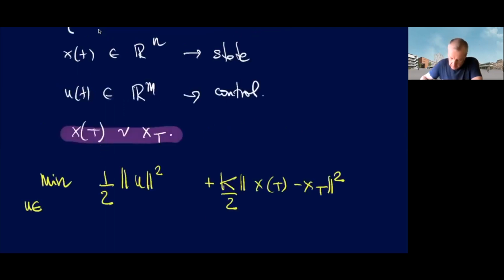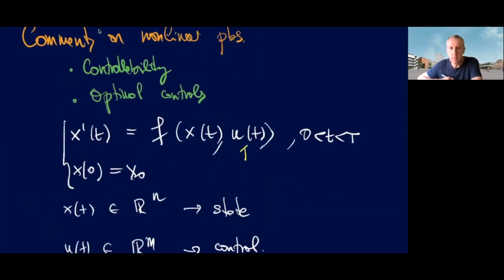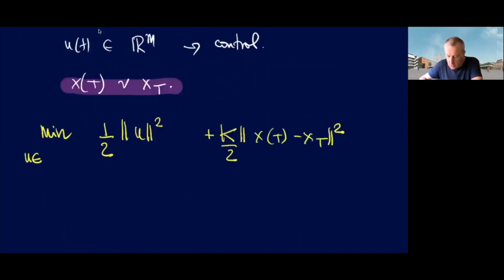And then the first question you realize, because the control is entering nonlinearly on the system, because it's part of the nonlinear function, right? This could be, I don't know, the logarithm of x times the sine of U. It could be nonlinear in U. The first thing you wonder here is in which norm I should minimize the control.